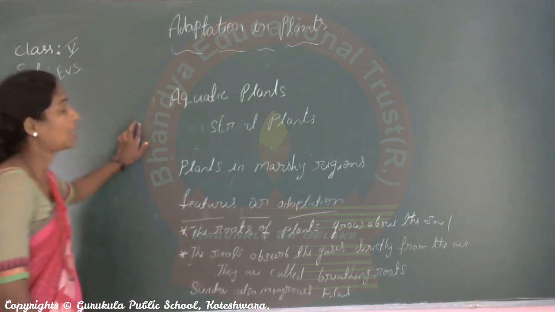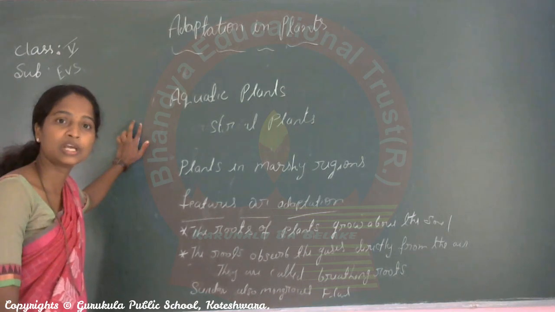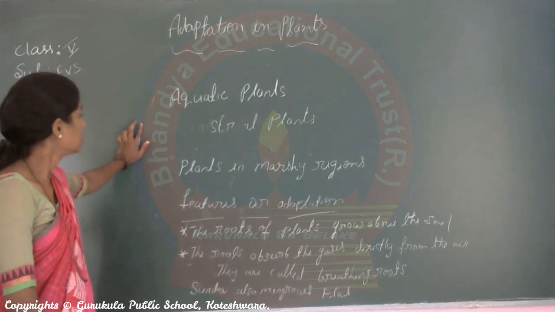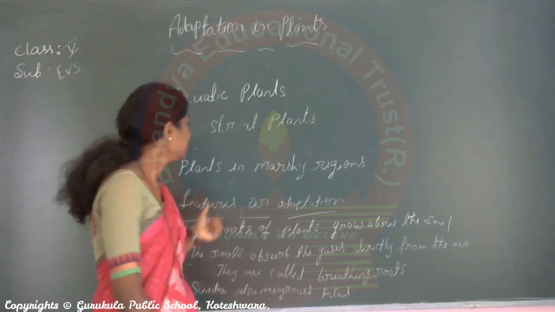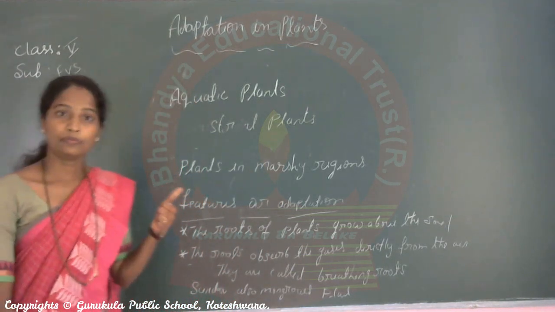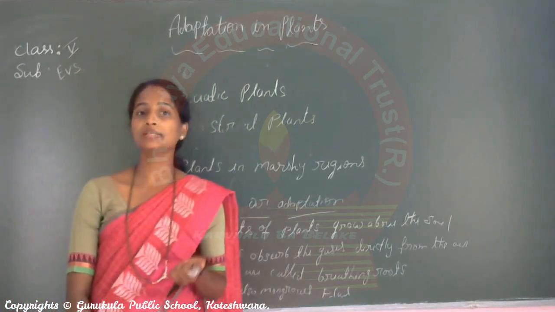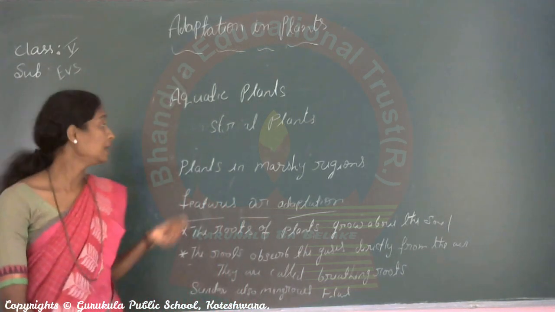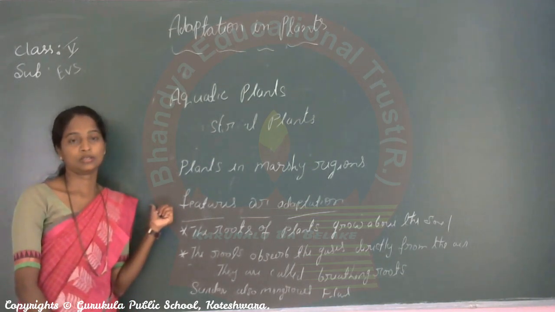So these are terrestrial plants: plants in plains, plants in windy regions, plants in hilly areas, plants in desert and plants in marshy regions.